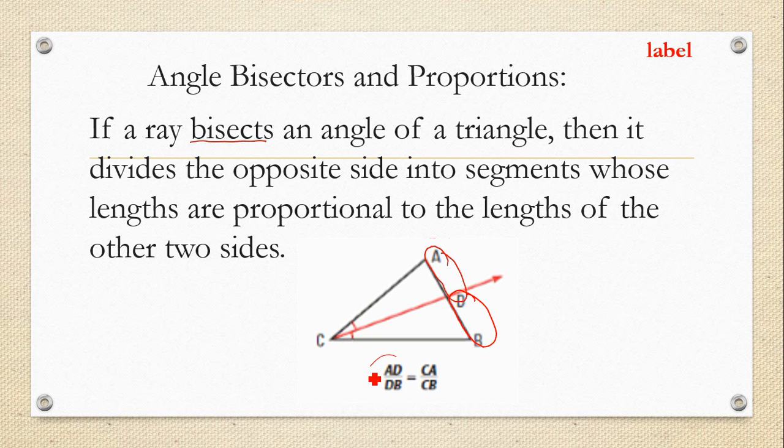Notice that those are the two pieces that are matched up in the ratio. Those two are basically the segments that were created by that ray slicing through that side of the triangle, and they are in the same ratio as if I were to compare AC and CB, the original two sides of the triangle. Okay, so let's take a look at what that would look like in an example here.